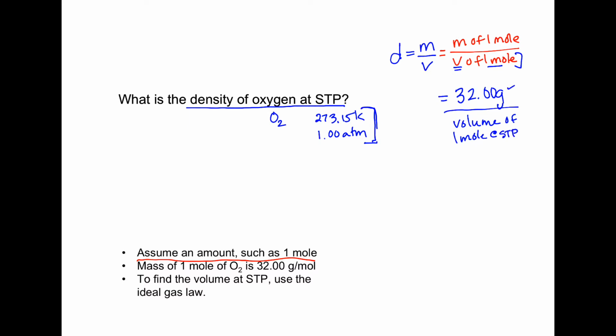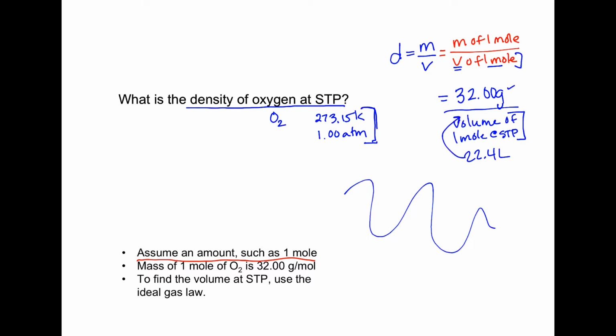Now, if at this point you had realized that this was a number that you might know, 22.4 liters, we wouldn't have had to do all the work that was down here. We could have just put in the 22.4 liters here, and we could have done that work.